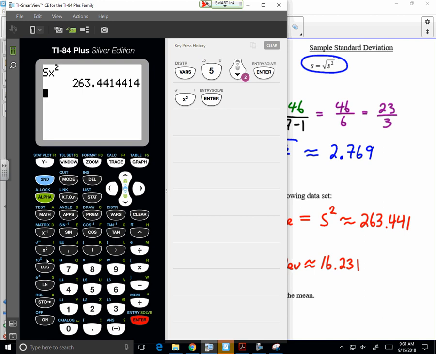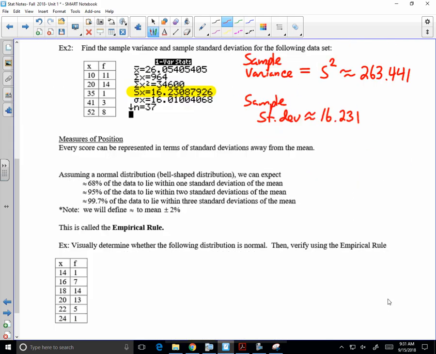All right. So just going back, what we had to do was 1-Var Stats to get the Sx to begin with. So 1-Var Stats on L1, L2.